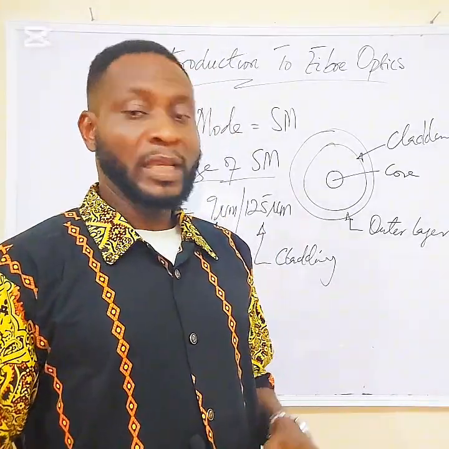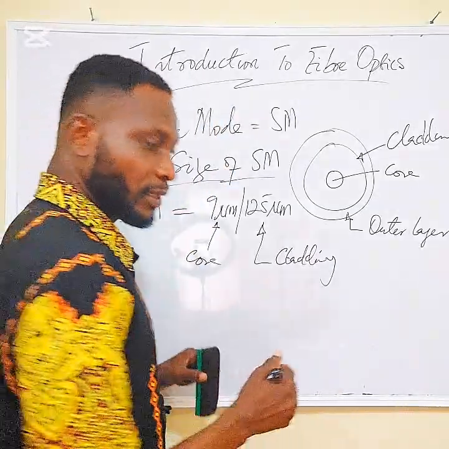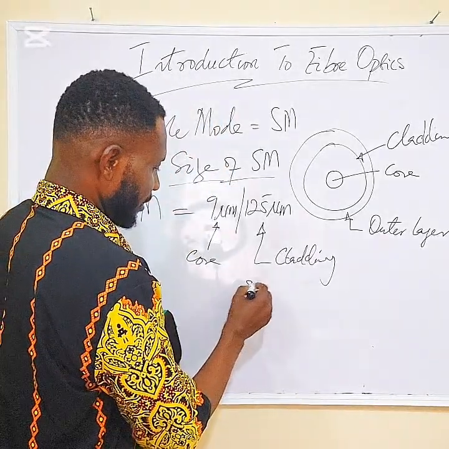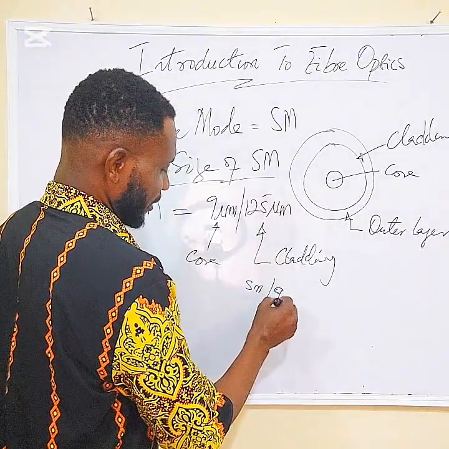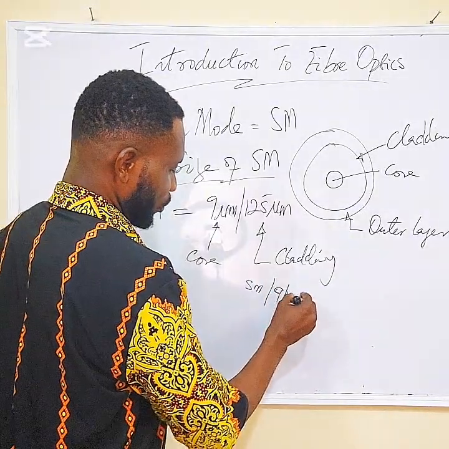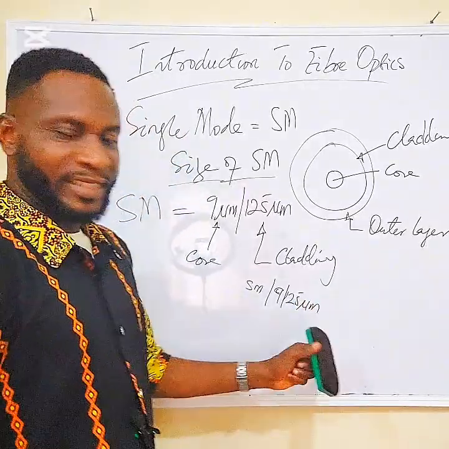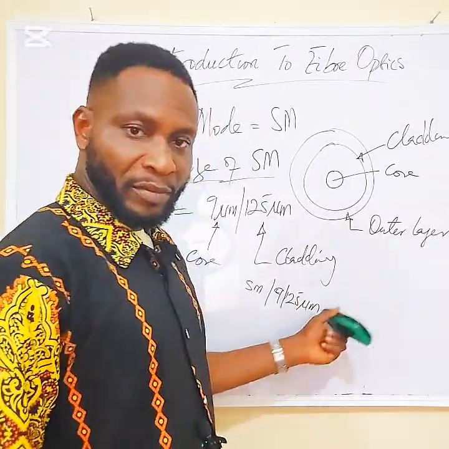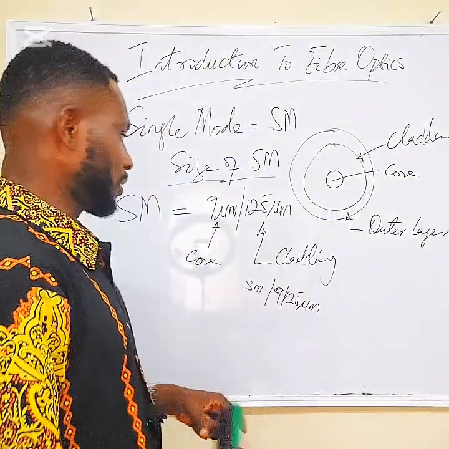Anytime you see a patch cord, you'll always see on the cover something like SM, they put 9 slash 125 micrometer. This is the diameter of this. That's what they are actually giving you. So please don't forget, it's important.